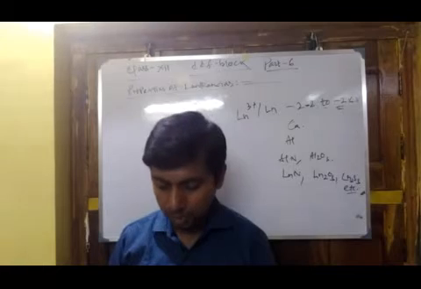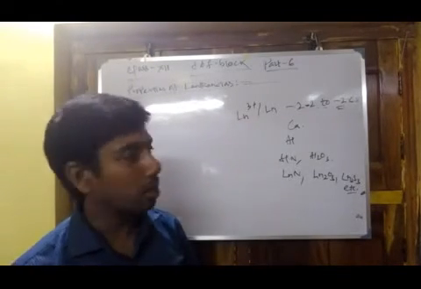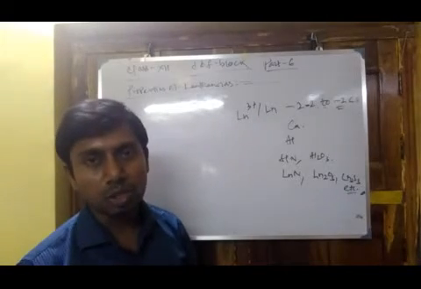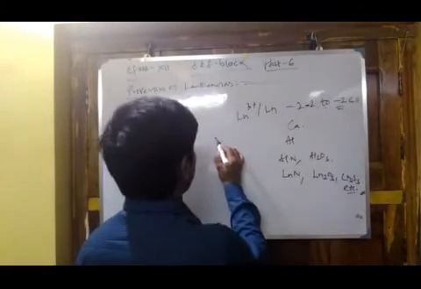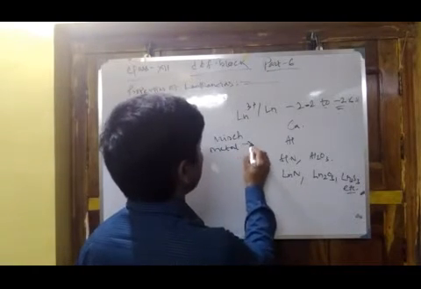Mixed metal, that is 3%, with magnesium is used to make parts of jet planes. Mixed metal, Misch metal. What is mixed metal?